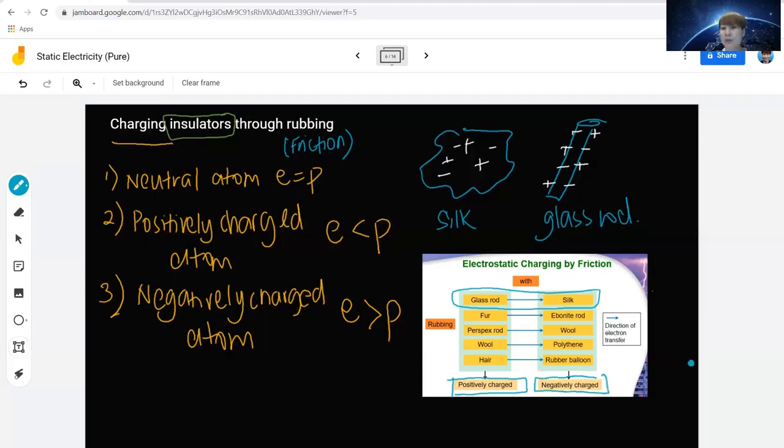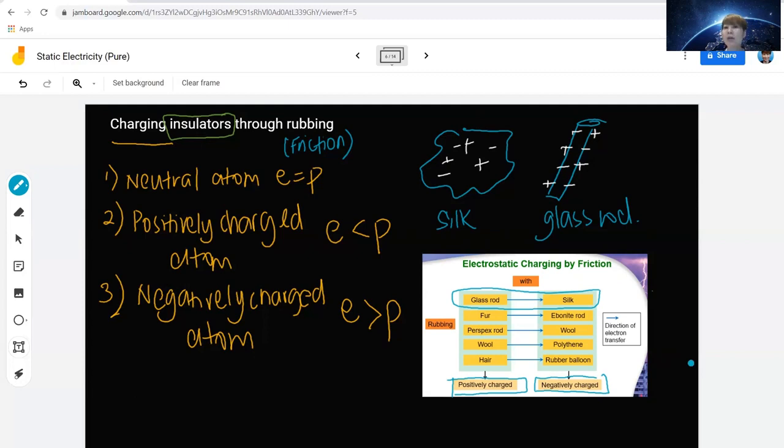What does this tell you? Glass becoming positively charged means it has lost electrons. Silk becoming negatively charged means it has gained electrons.